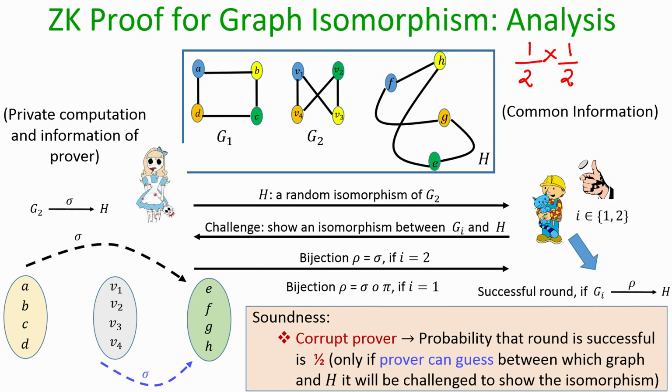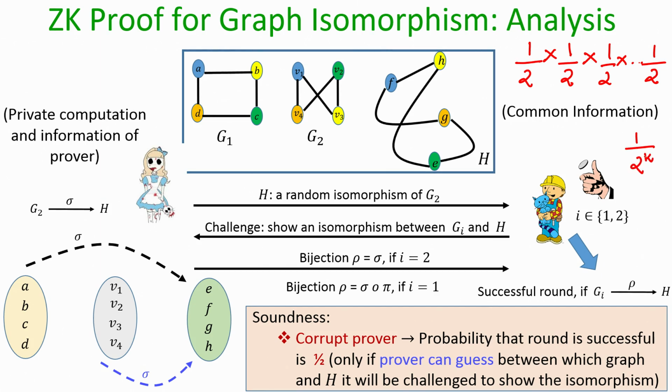So, that is why the probability that Alice is successful in the second round is 1 over 2, and like that the probability that Alice is successfully able to cheat Bob in all the rounds by correctly guessing in advance the challenge of Bob in all the rounds is 1 over 2 into 1 over 2 into 1 over 2, k times, which is nothing but 1 over 2 to the power k.